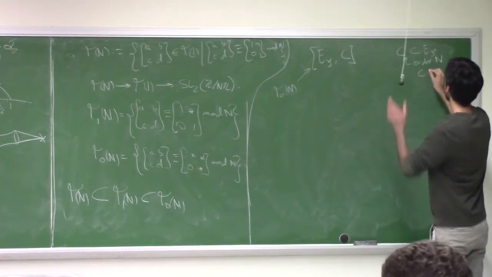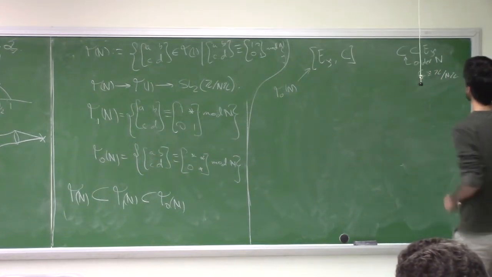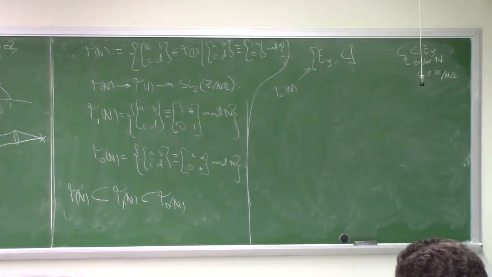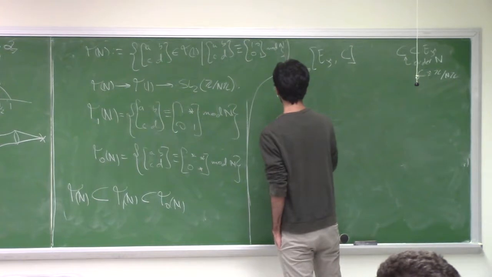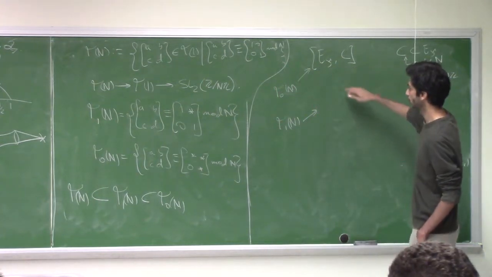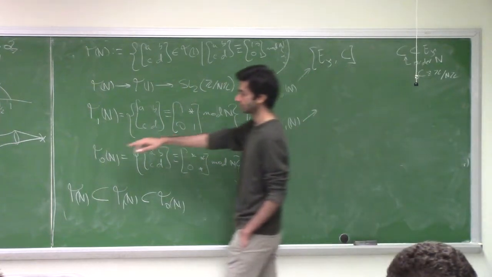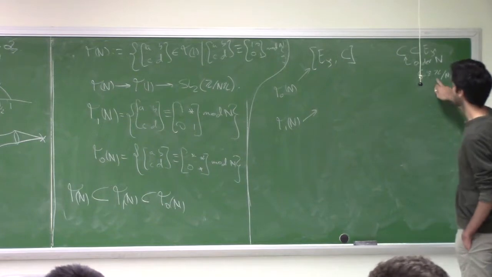In other words, C is a cyclic group of order n. For gamma 1n, we see that it has to be less information. Right now, our original thing was just elliptic curves. This thing is elliptic curves with a subgroup.